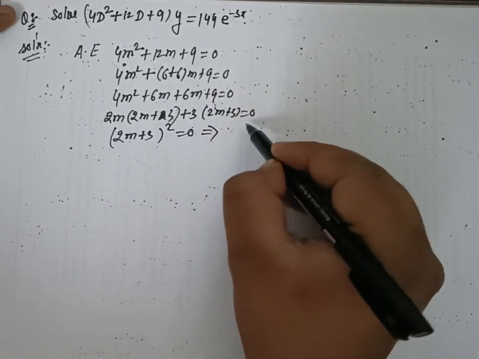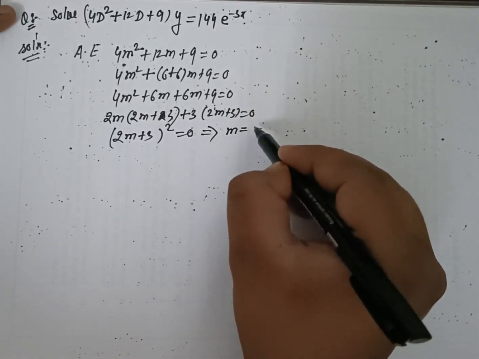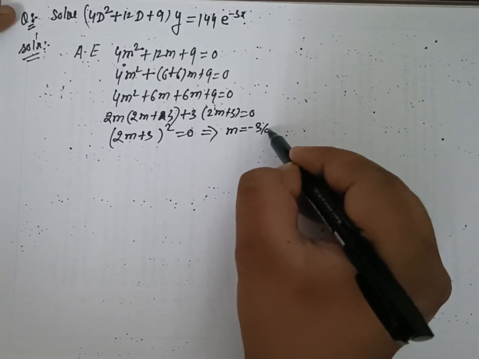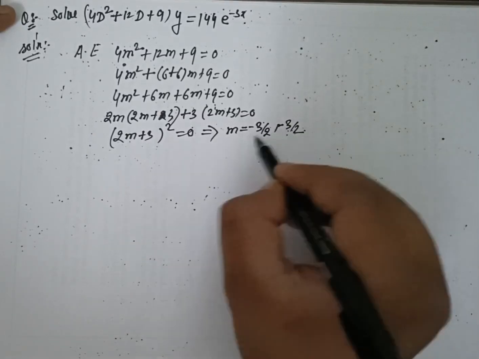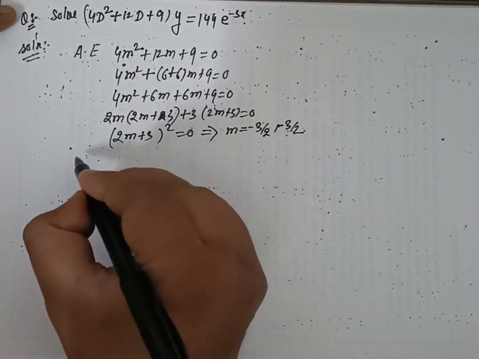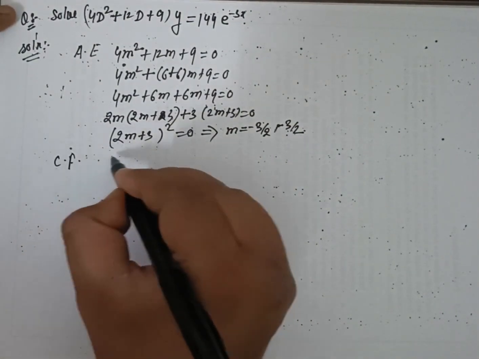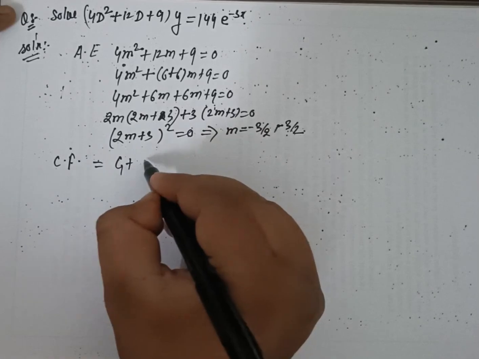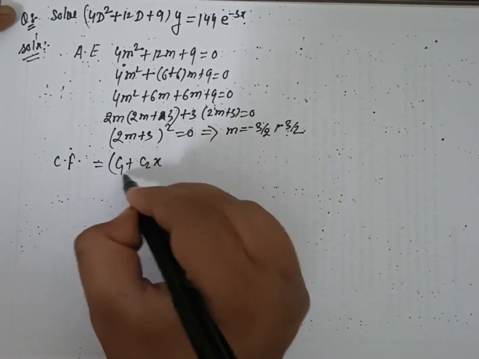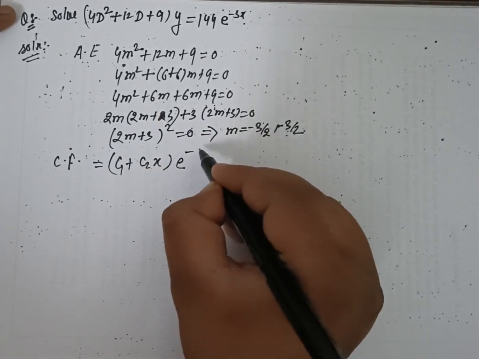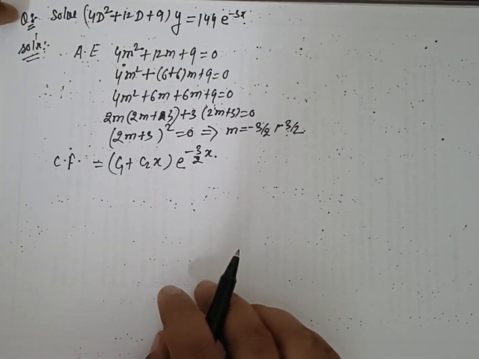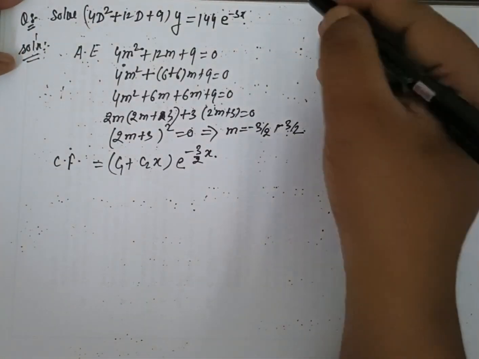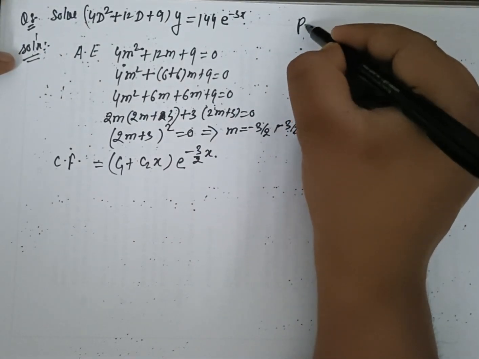So simply here you have m = −3/2, and these are two repeated roots, −3/2 and −3/2. So your complementary function is (c1 + c2 x) e^(−3x/2). Now decide the particular integral.